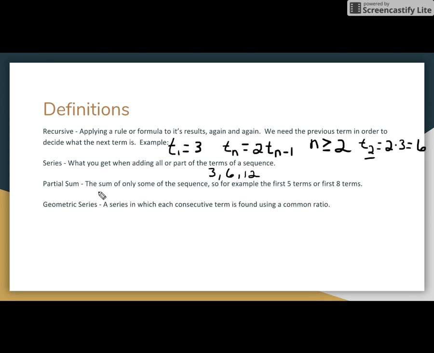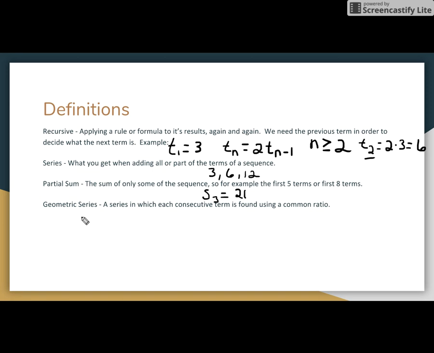A partial sum is the sum of only some of the sequence, for example the first 5 terms or first 8 terms. If we wanted the sum of the first 3, this would equal 3 plus 6, which is 9, plus 12 equals 21. That's just a partial sum because we're not taking the sum of all the elements of the series.